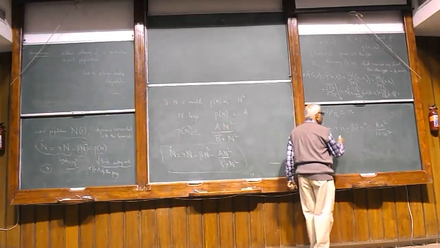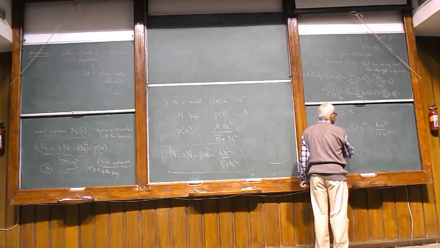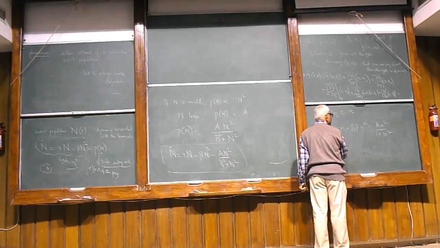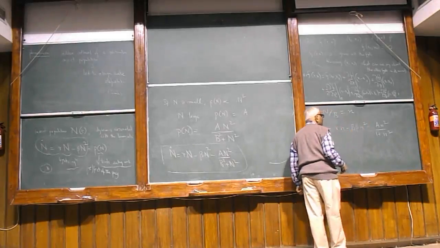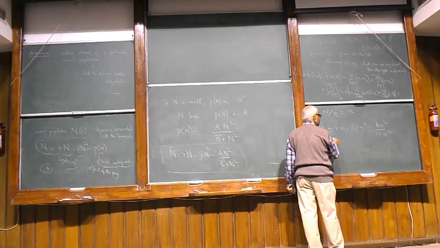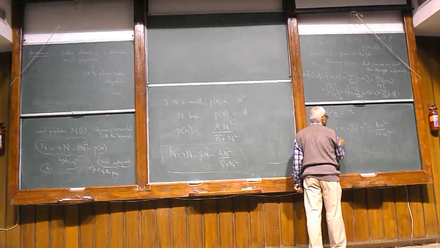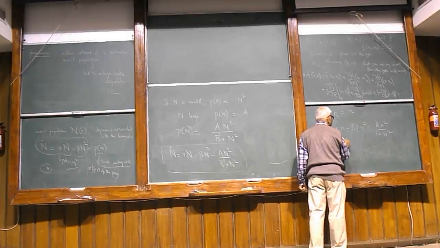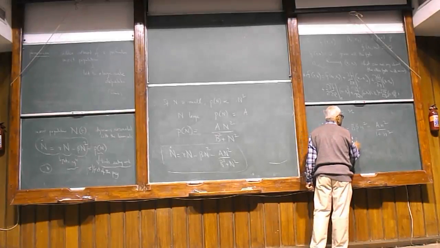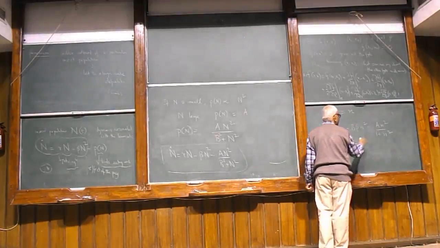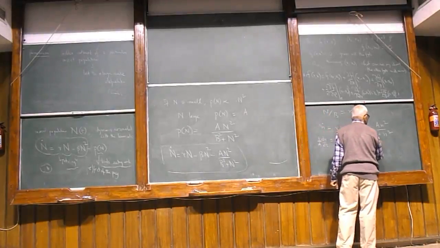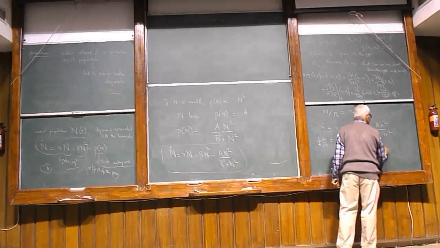Now I can do another rescaling. I want to take the a out of there. So it is 1 over a dn dt equals r over a n minus b beta over a n squared minus n squared over 1 plus n squared.